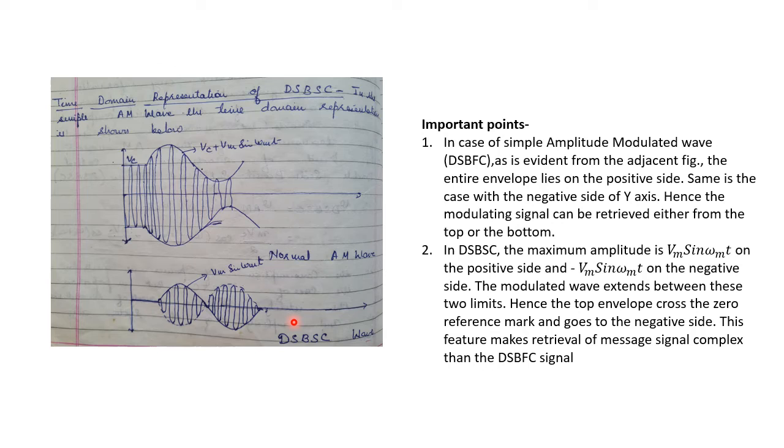As we will see when we discuss the detection of the message signal, when the signal is present on both the positive and negative axis of the y-axis, it becomes difficult to retrieve the original message signal or modulating signal.